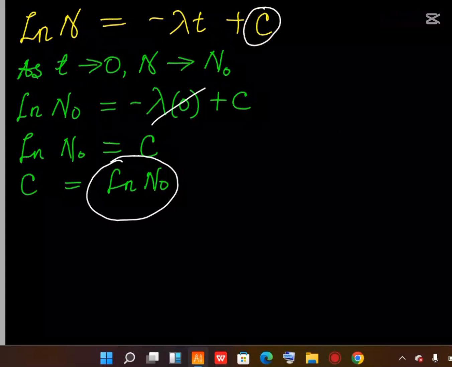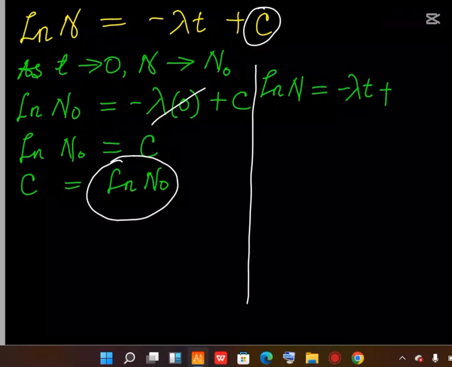Doing that, we have that ln N is equal to negative lambda t plus ln N naught. At this point, our concern is to have this and this on one side, so we can subtract ln N naught from both sides.